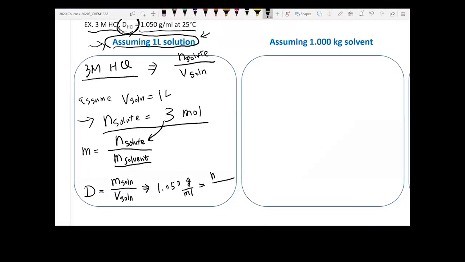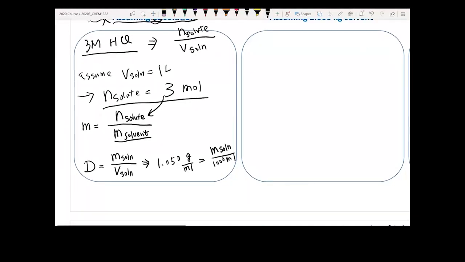You don't know the mass of your solution, but you do know the volume of your solution, because we assume it's 1 liter, which is 1,000 mL. So the mass of your solution is going to equal 1,050 gram.